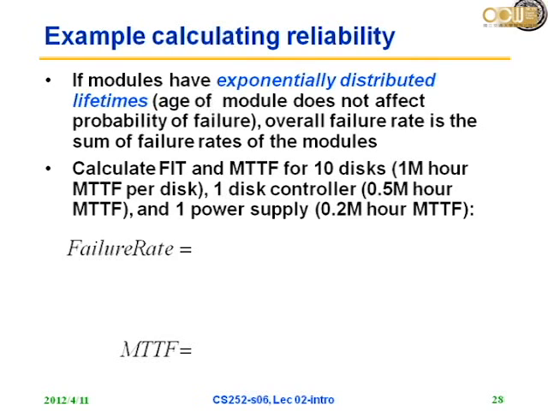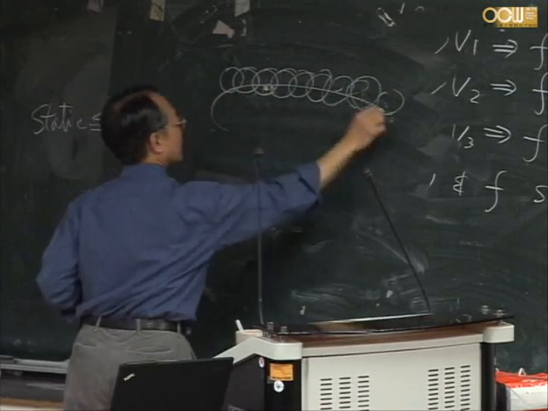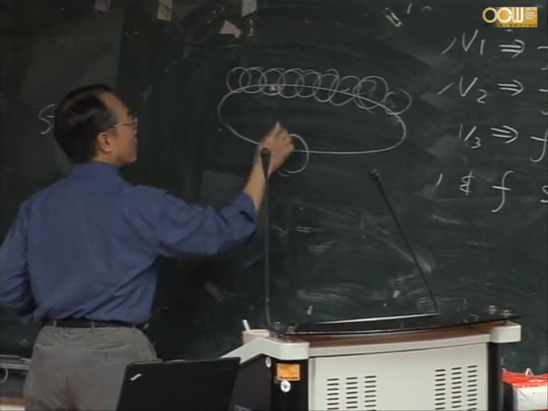So if this system breaks, which component is the most likely failed component, do you think? Power supply. Okay. So no matter how strong your disks are, for a system, you have 10 disks and 1 control unit and 1 power supply.